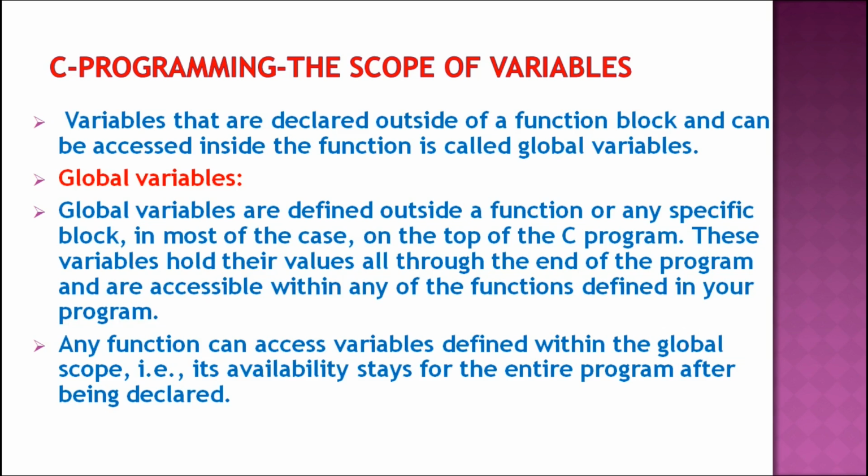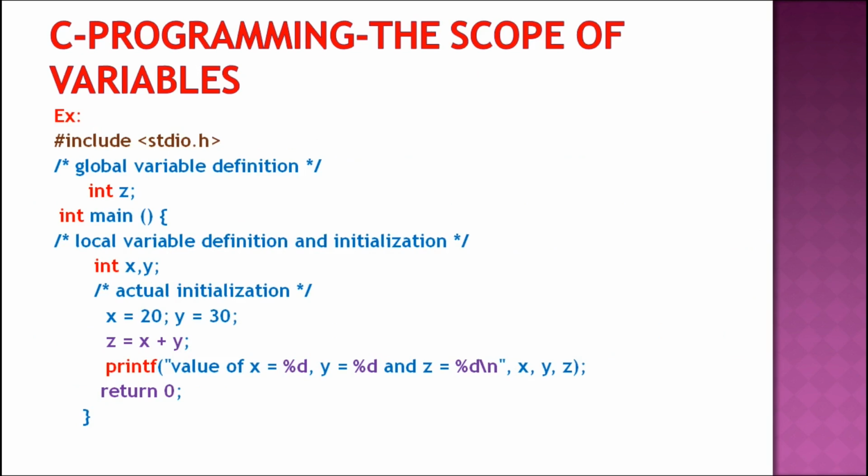Here we have the example. For the global variable we included the standard input output header, and we declared our integer z. That means it is a global variable which is available to all the functions.